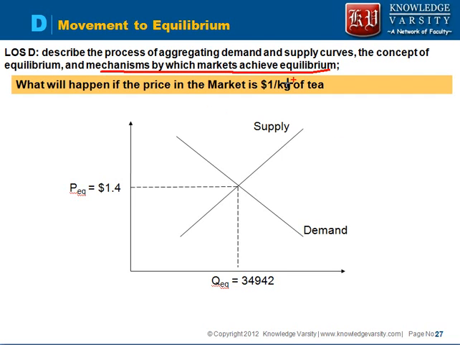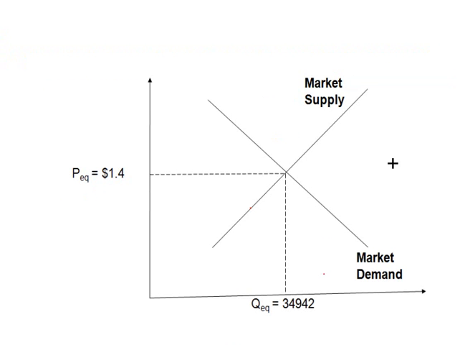Let's say the market price is $1 per kg, so instead of the equilibrium price of 1.4, the price in the market is $1 per kg. At this $1 per kg, the supplier will supply this X quantity.